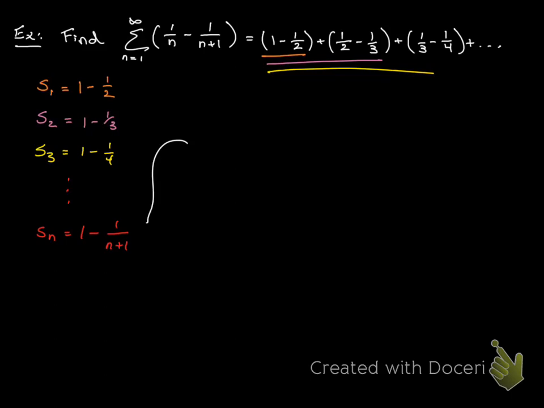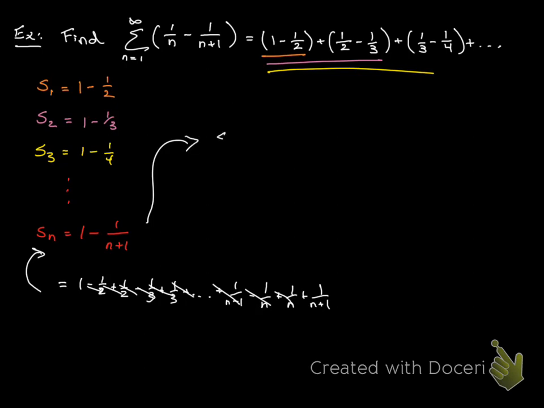And again, that comes from 1 minus 1/2 plus 1/2 minus a third plus a third, so on and so forth, plus 1 over n minus 1 over n plus 1. Everything in here cancels, and I'm just left with 1 minus 1 over n plus 1. Okay, that's my sequence of partial sums.